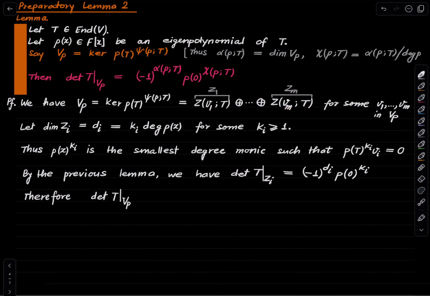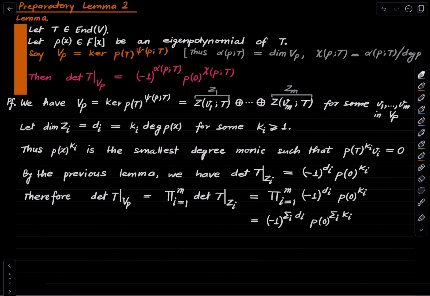This is equal to the product, which is this product, but that is equal to, which is equal to, this is the dimension of Vp. So all I'm saying is that this thing is the dimension of Vp, because d1 plus ... up to dm is equal to the dimension of that. This is after all a direct sum decomposition. So this is equal to that.